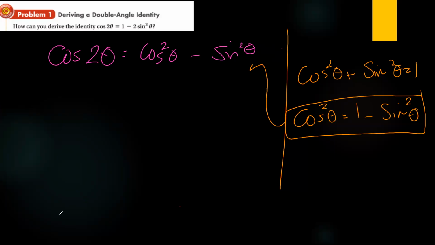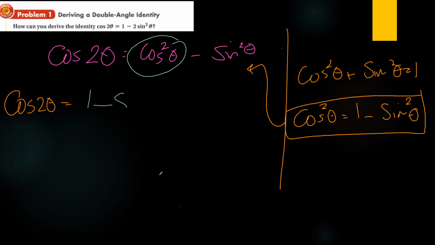Let's now substitute it in our original equation. So cosine 2 theta will be: instead of writing cosine squared, write 1 minus sine squared of theta, minus sine squared of theta.